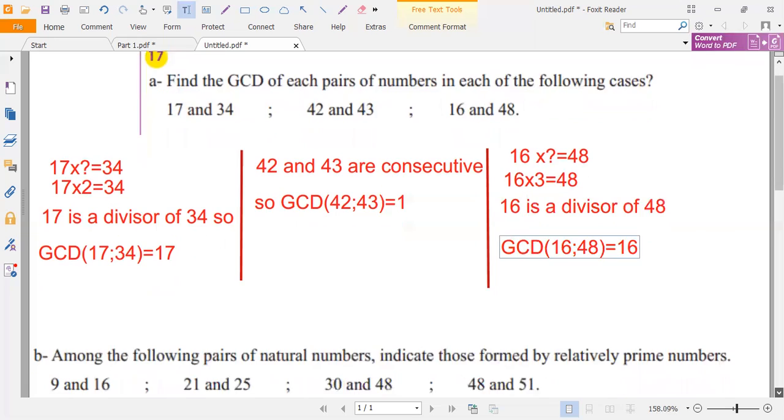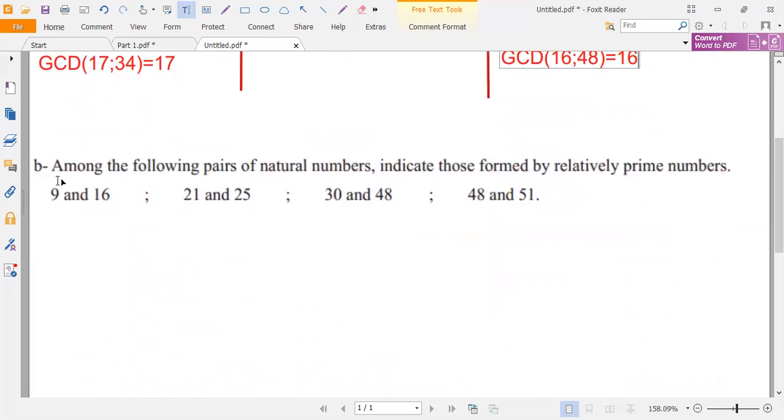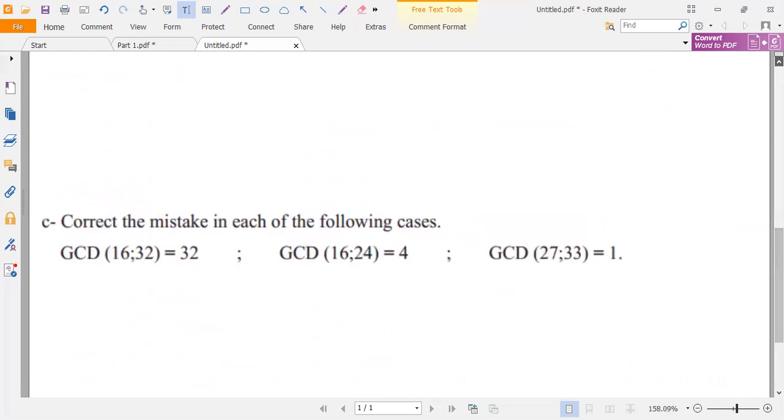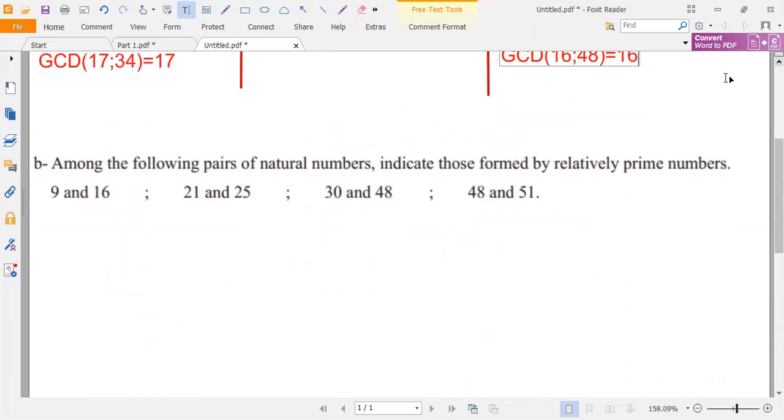Now part B. Among the following pairs of natural numbers, indicate those formed by relatively prime numbers. So here we have to see if the numbers are consecutive or the GCD is equal to 1, or we can think if they have a common divisor.